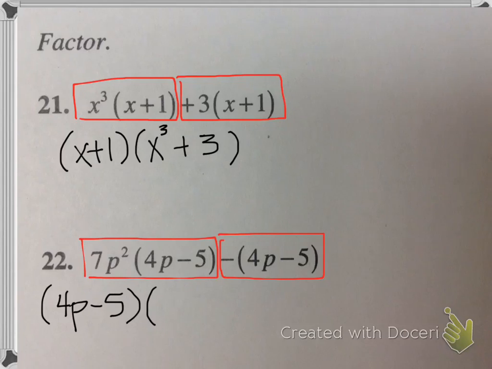What's left over after we factor the 4p minus 5 out of the first term? Well, I'm left with 7p squared. And what am I left with after I factor 4p minus 5 out of the second term? Again, it looks like we would have nothing, but we really do. We would have a minus 1 because it's subtracting that entire quantity. And now this would be our final answer.